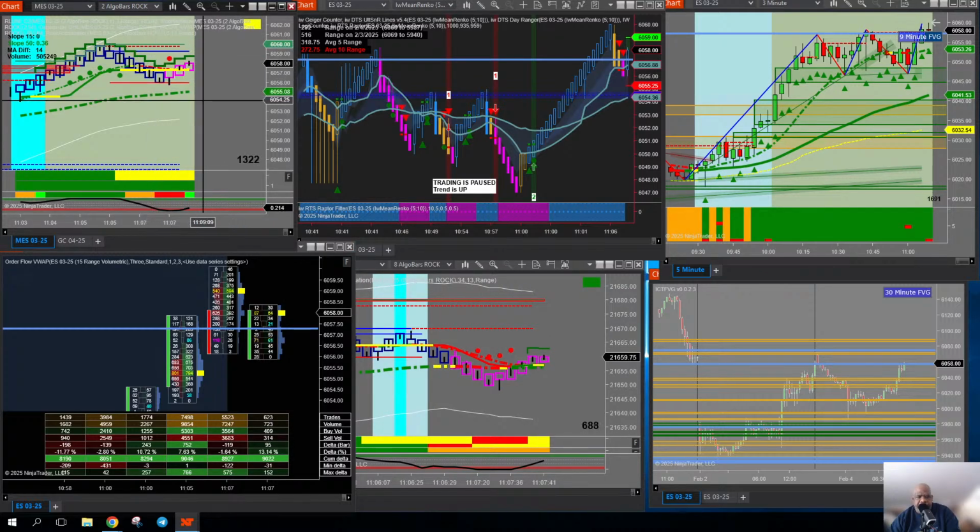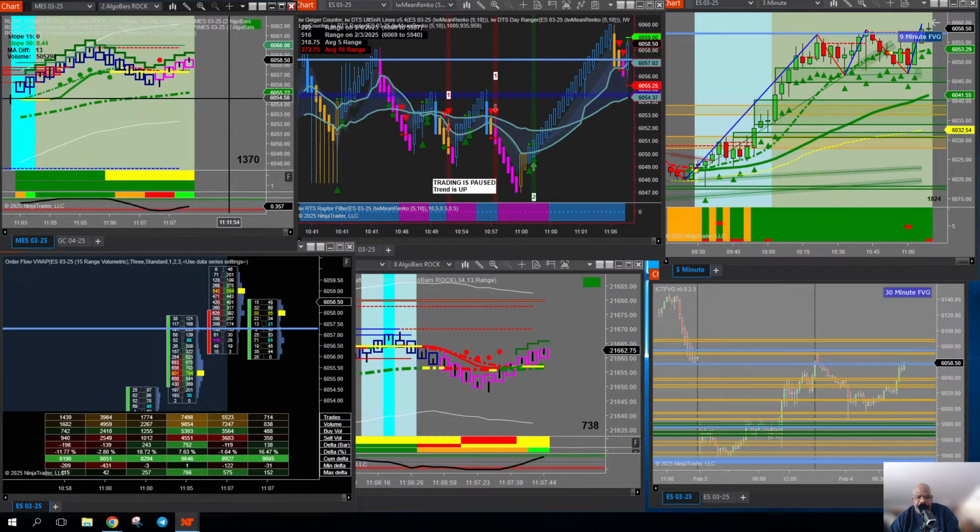It's ranging here. The long could have been at 57, 58. But I think we may see some more of this action, a range up here, before we push higher or move lower.